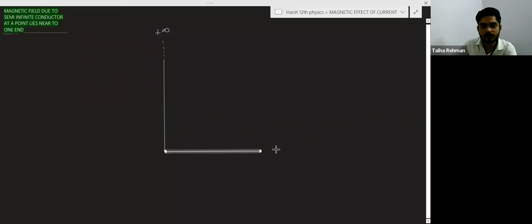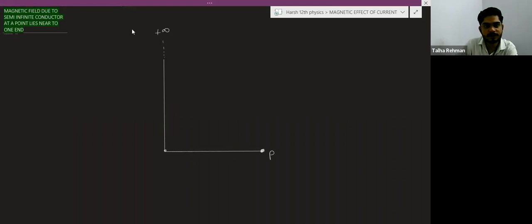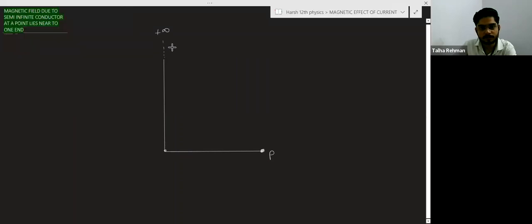Suppose this is a point P this time, and what is this angle? You will join this from here. I have told you, when you join an infinite wire at point P, the angle becomes 90 degrees.